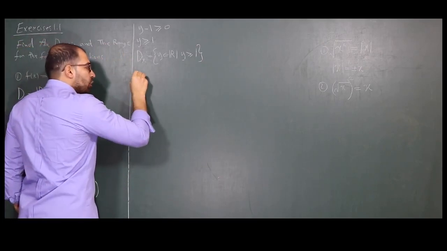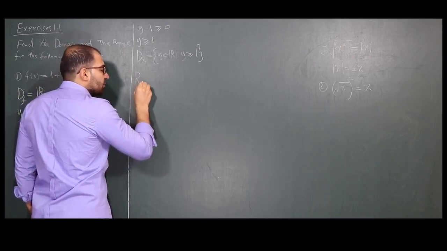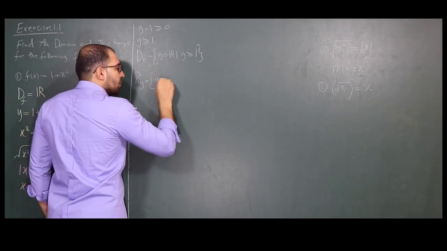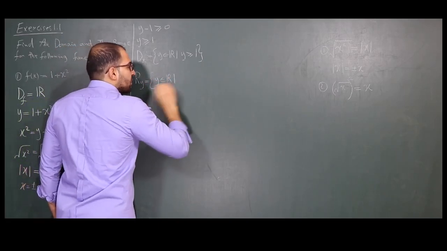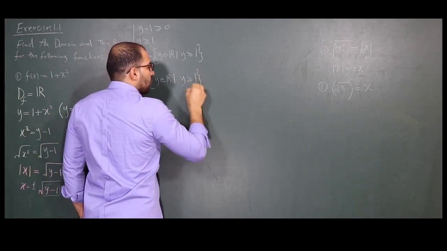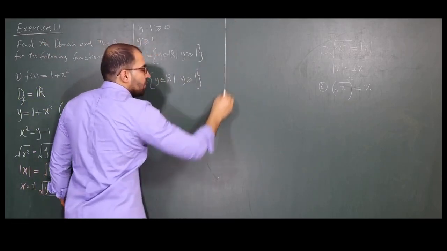So the final result is: the range of the function y, which is the original function, will be y in the real line such that y is greater than or equal to 1. And we finished the solution to this function.